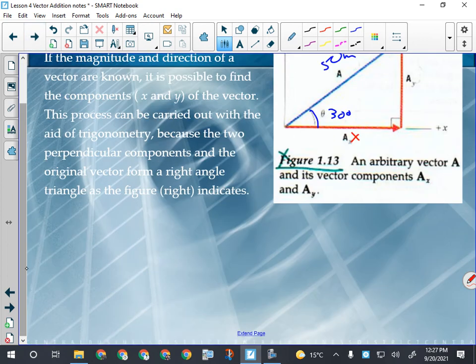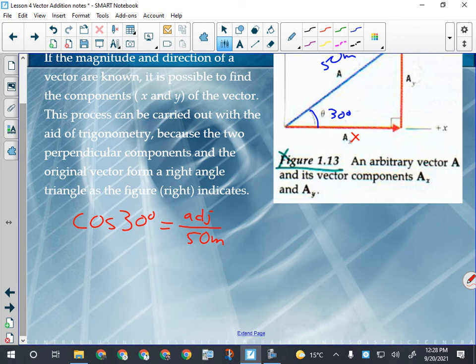So to find x, I'm first going to set up like this. I'm first going to say the cos of 30 degrees, because that's the angle I was given, equals the adjacent side, which I don't know, divided by the hypotenuse, which is 50 meters. So what do I need to do in order to get the adjacent side by itself?